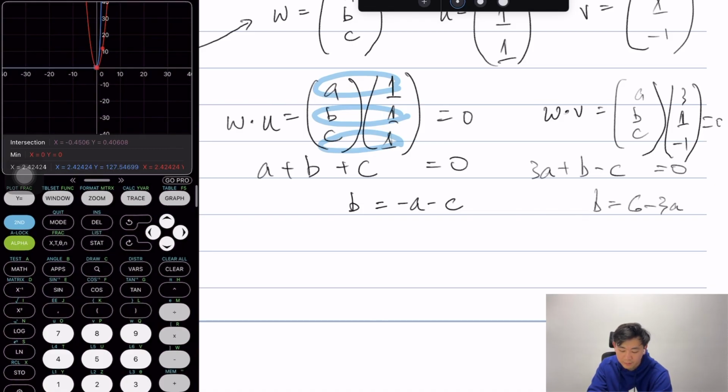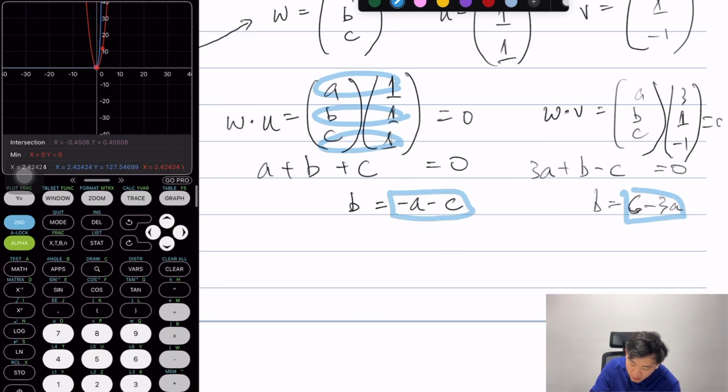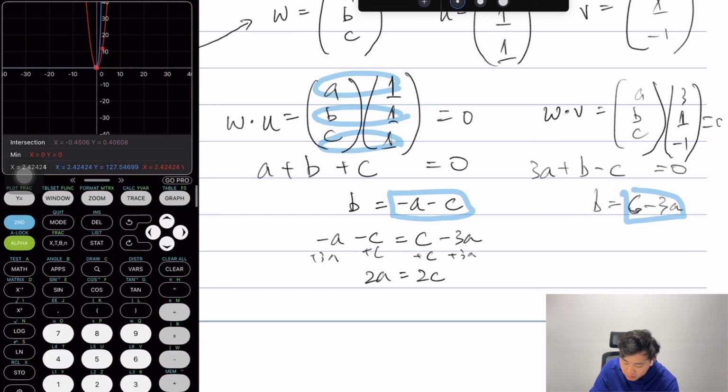Why do we do it like this? So that we can make use of these two things. That means -A minus C equals C minus 3A. You move things over, plus C and plus 3A, and you're going to have 2A equals 2C. So A is equal to C.